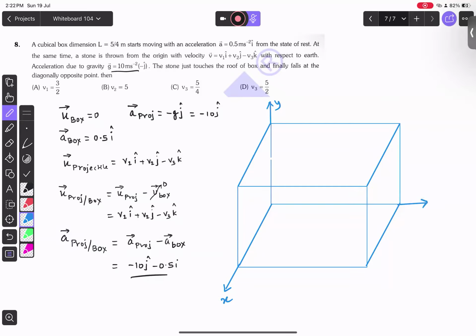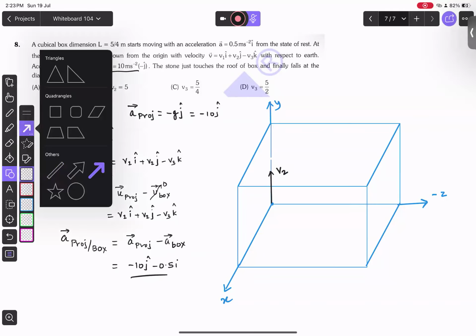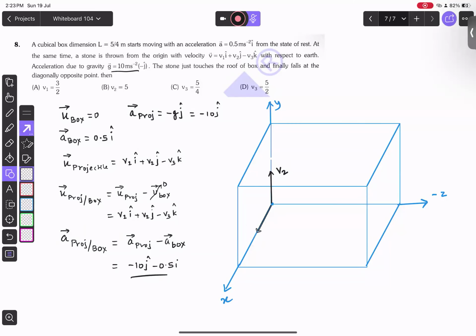I cap cross j cap is minus z, no? Minus z, correct? Okay, then. Now tell me, we have thrown a projectile with some velocity along y and x. What velocity has it got along y? Vy along y. How much is it having along x? Vx along x.